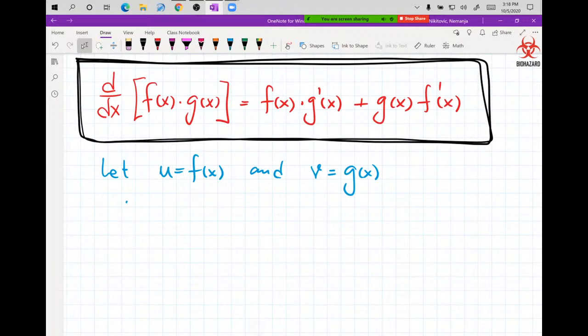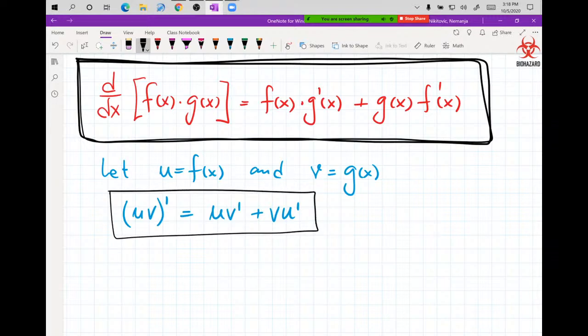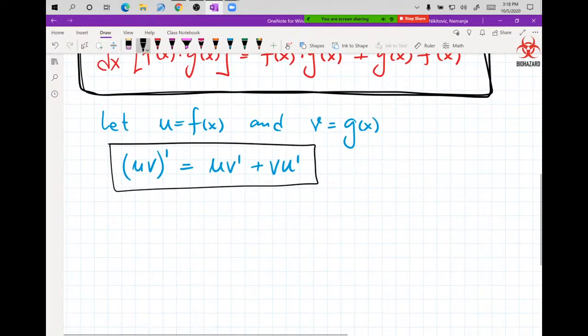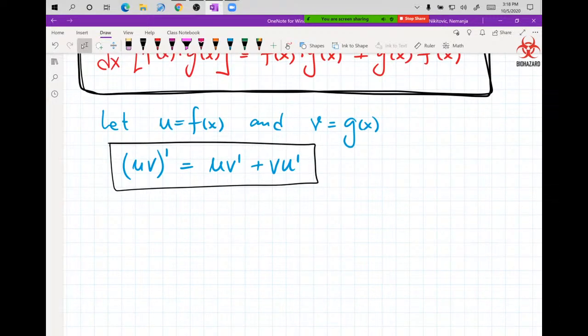Which is, the derivative of uv is uv prime plus vu prime. This is yet another way to write the same formula. And again, you have the first function is u, the second function is v, and then you have all of these things. So now we're going to take a look at one more.